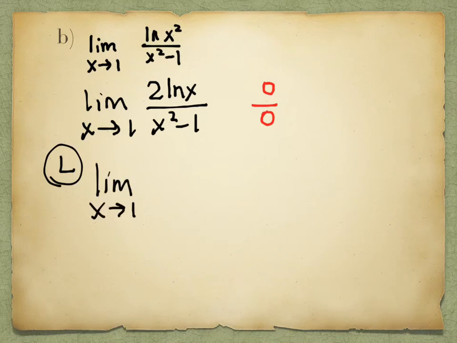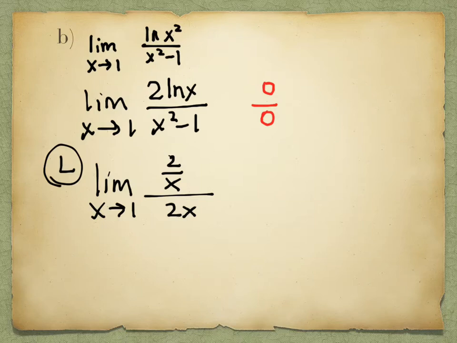I need to know what is the derivative of 2 ln x. It's 2 over x. What is the derivative of x squared minus 1? 2x. And while you may be extremely tempted to simplify that algebraic expression, I contend that you don't need to, because you can plug the number 1 in and take care of the matter directly.